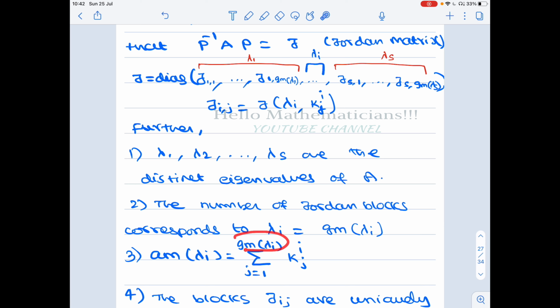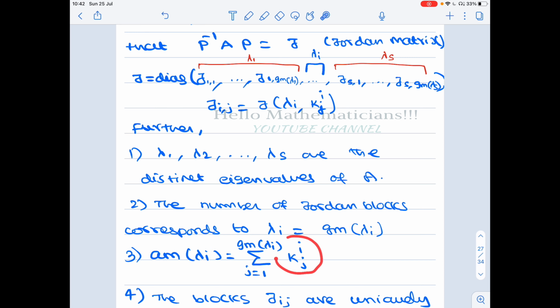The geometric multiplicity of lambda i. That many Jordan blocks are there for the eigenvalue lambda i.